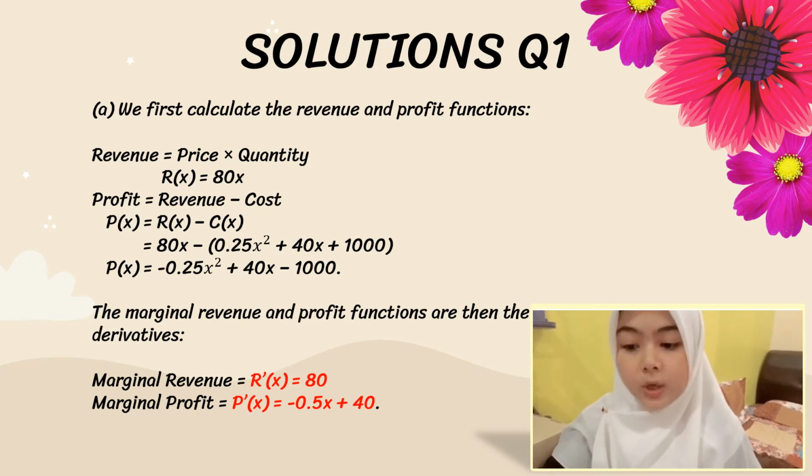The marginal revenue and profit functions are then the derivatives. The marginal revenue is the first derivative of the revenue, and we got 80. Then the marginal profit is the first derivative of profit, so we got negative 0.5x plus 40.